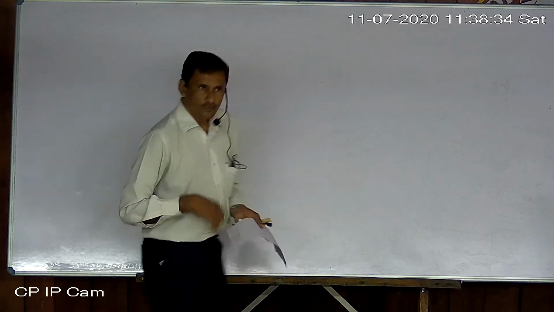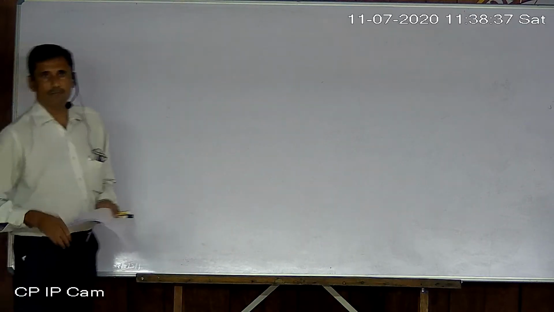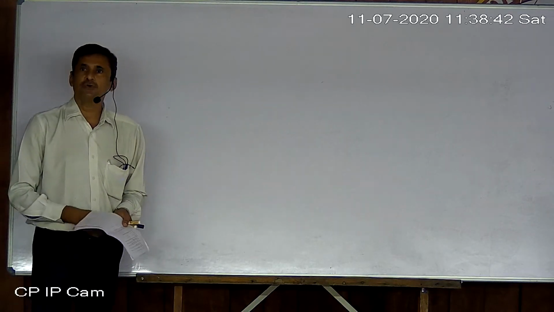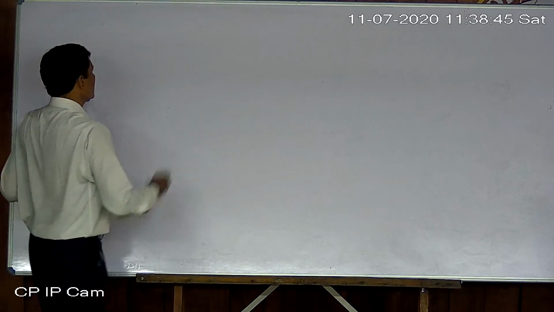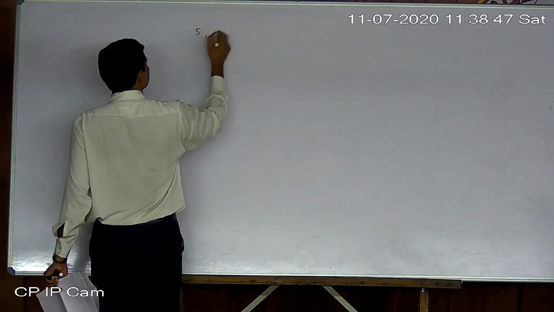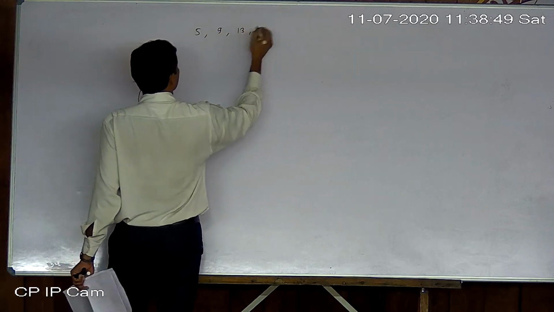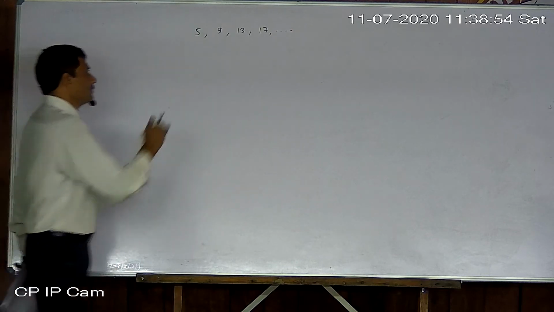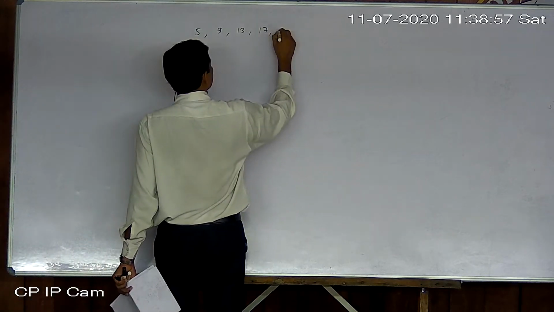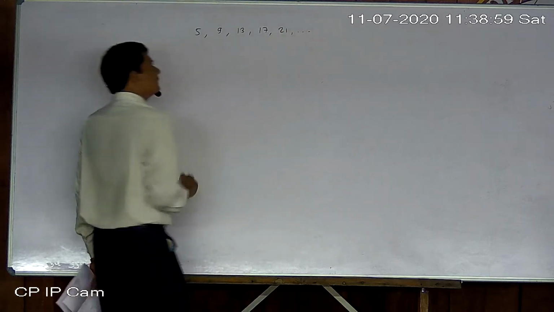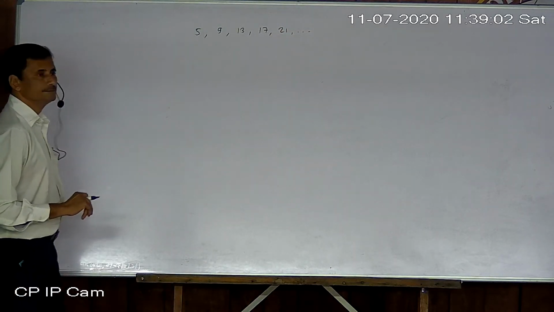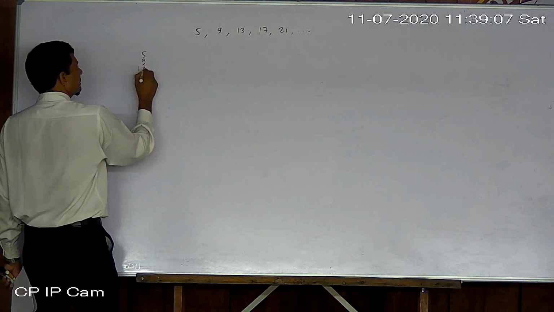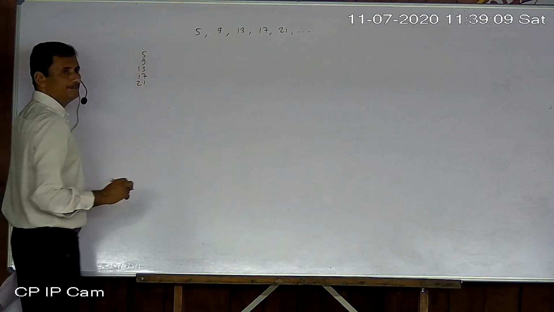Now, we first of all understand manually, if we want to make the sum of the particular terms, then what to do? Suppose you are given 5, 9, 13, 17, like this. Suppose I want to add the first 5 terms. Then obviously it will be 5, 9, 13, 17, 21.